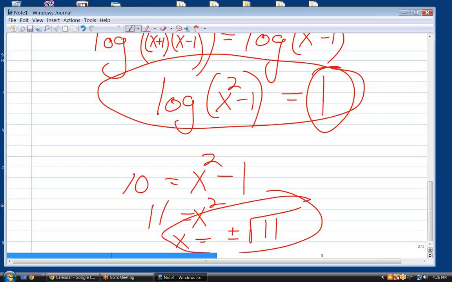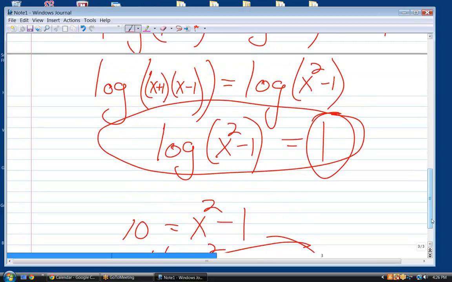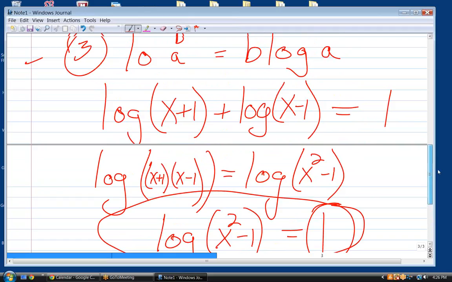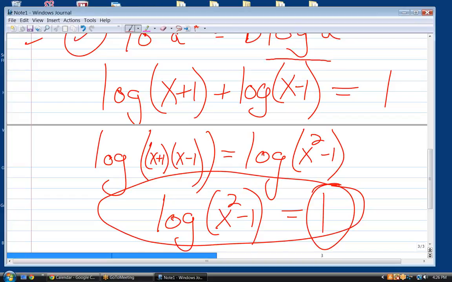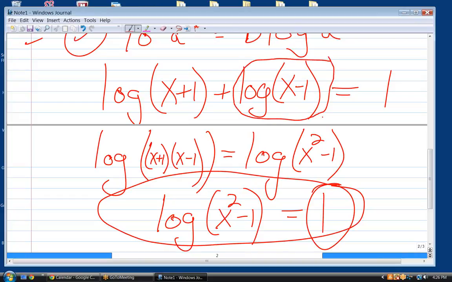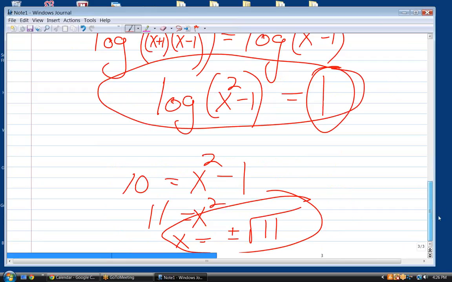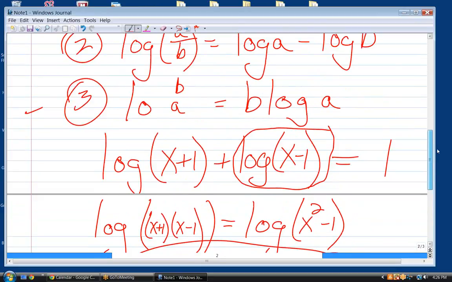Notice that if I plug in the minus square root of 11 into the original function, I end up taking the log of a negative number. So the only answer that I really have is the plus square root of 11. And that works because square root 11 is 3 and change, so it doesn't violate the domain. But you have to be very careful about violating the domain on logarithms.